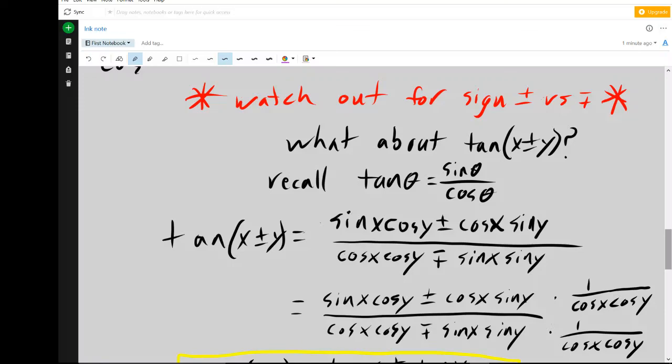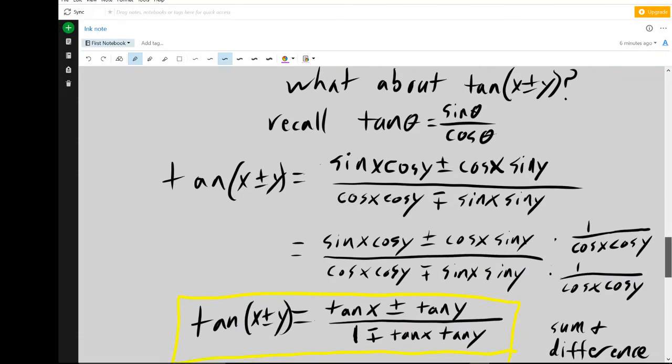I'm going to put a cosine y in the bottom. So I'm going to multiply by 1 over cosine x cosine y to make a tan x and then eliminate the y angle entirely in this little first portion right here. And I'm going to see what happens to the rest of this thing when I do so.